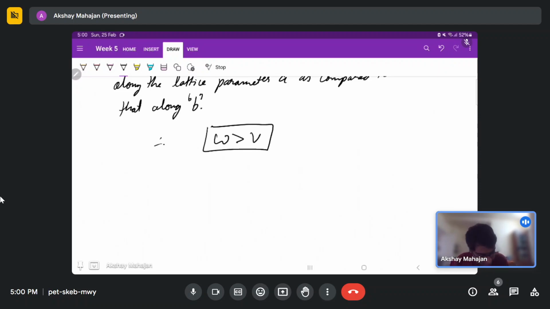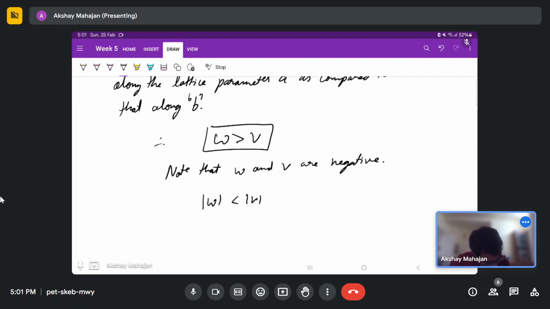Note why I am saying this: W and V are negative. So W is the hopping integral along the A axis, which is the larger separation, so magnitude wise, W is going to be less than V. But remember that we are taking these hopping integrals as negative, so this hopping gives us negative energy.